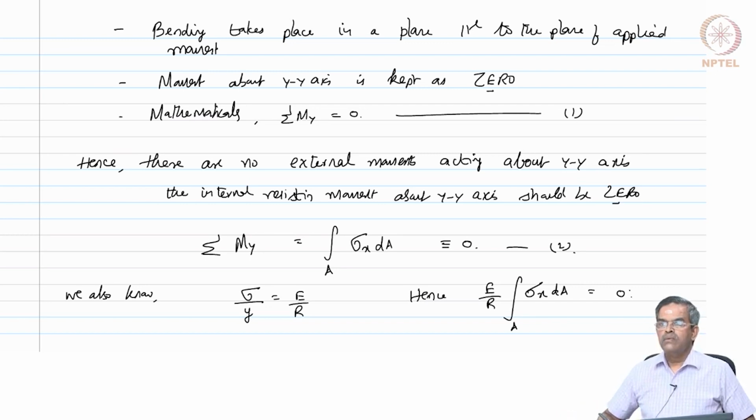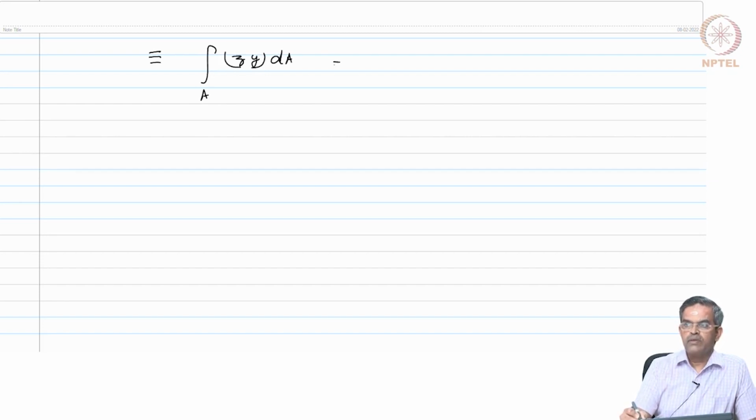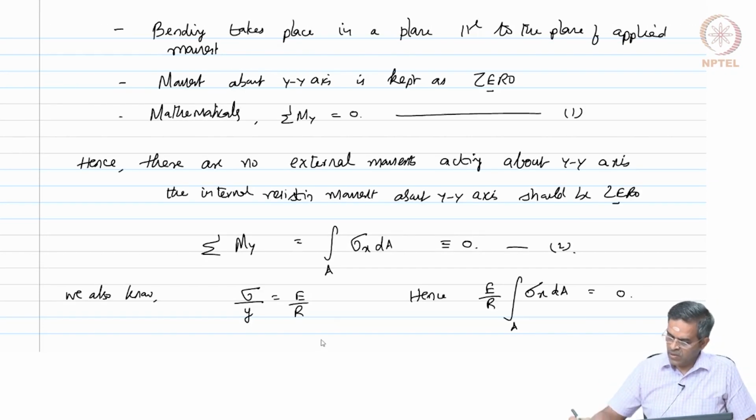So, now sigma x is the product of moment of inertia. So, let us do it that way, saying over the area A, the integral of zy dA should be termed as 0. We call this equation 3. Okay.